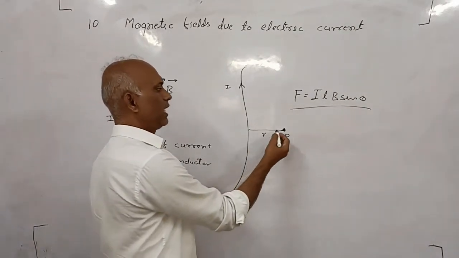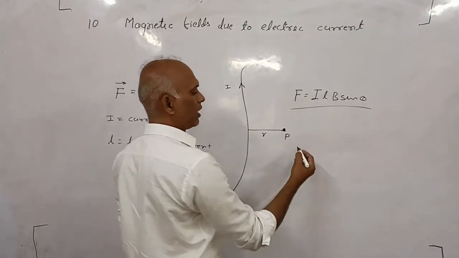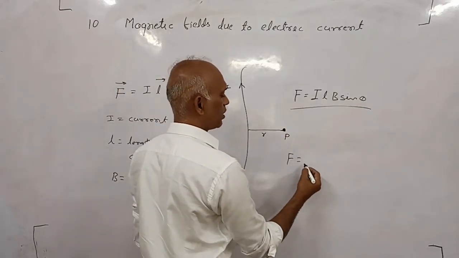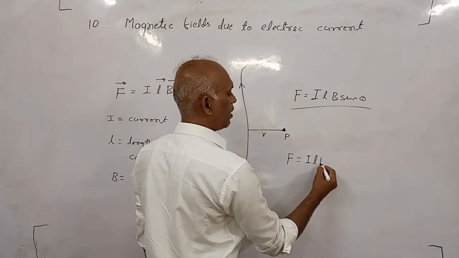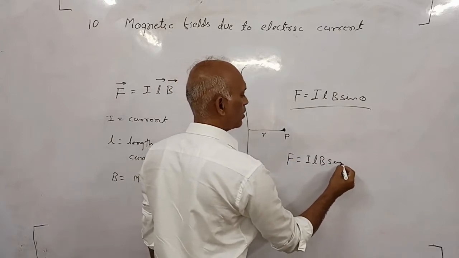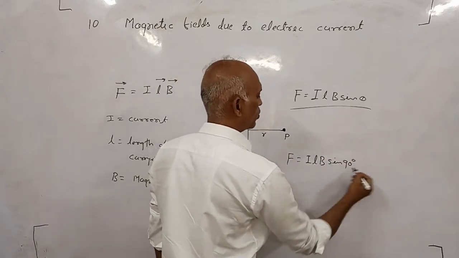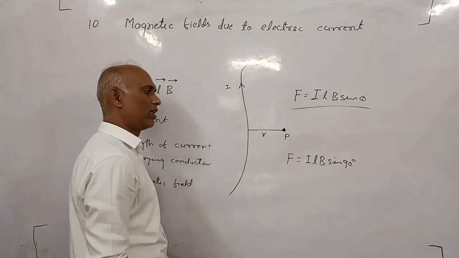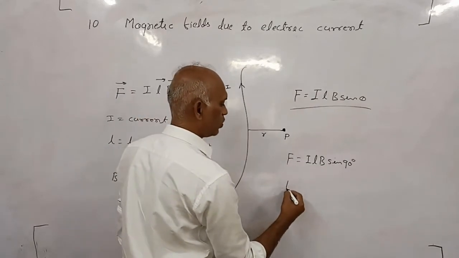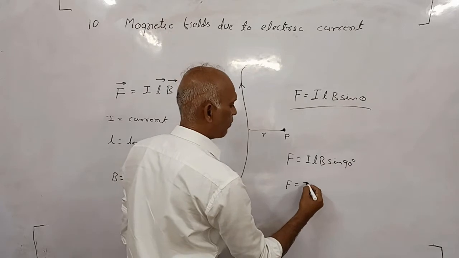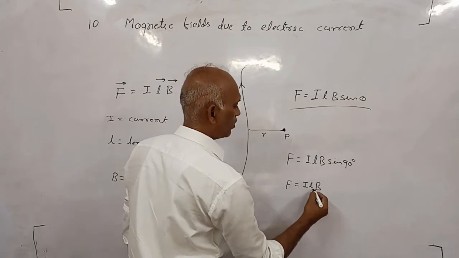If this angle is 90 degrees, this equation becomes I L B sine 90 degrees. Sine 90 is nothing but 1, so the equation can be written as F equals I L B.